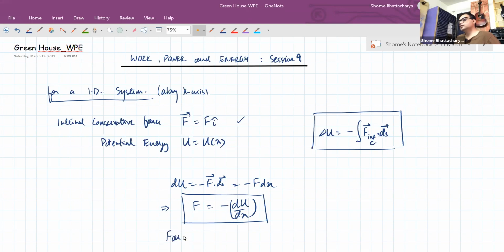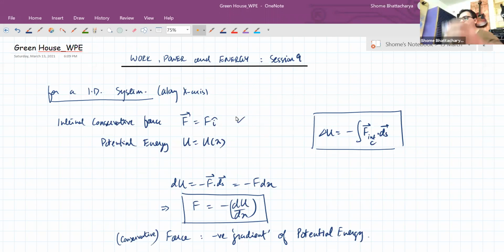So the force is equal to the negative gradient of potential energy. And by force, of course, we mean the conservative force. So this was one of the things we saw.